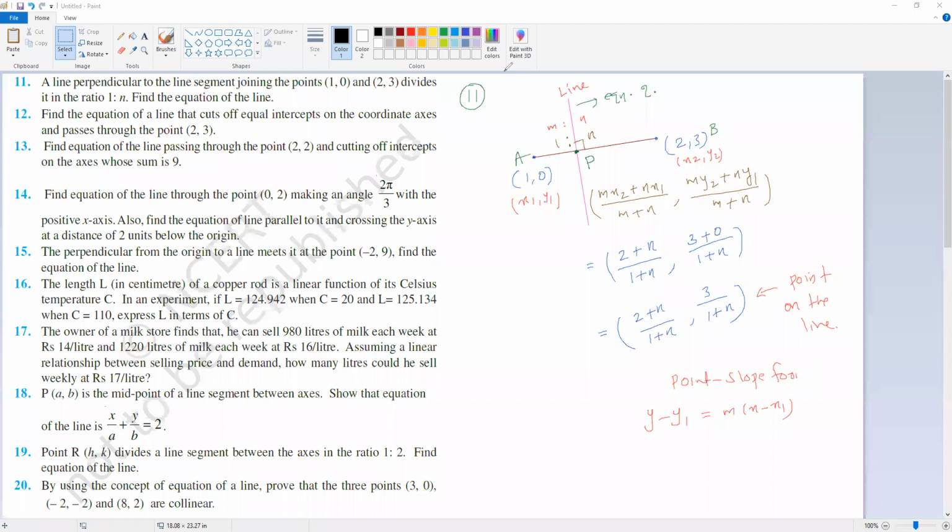So we got the point. This is the point. We got the point, but how will we get the slope? How will we get the slope? Anybody? How will we get the slope? Quickly tell me, there is no time.